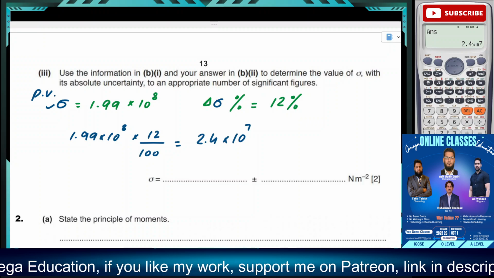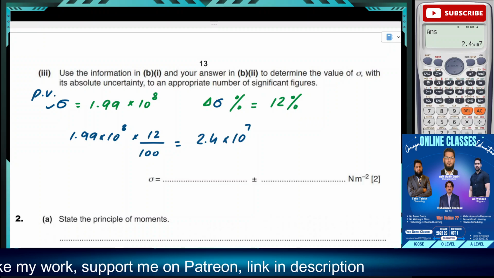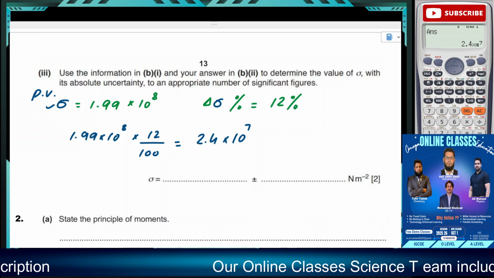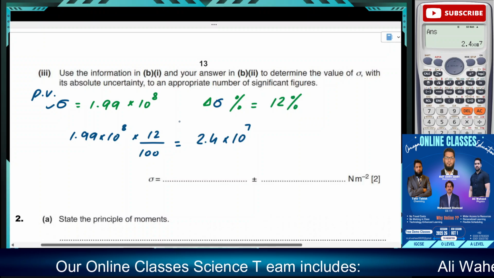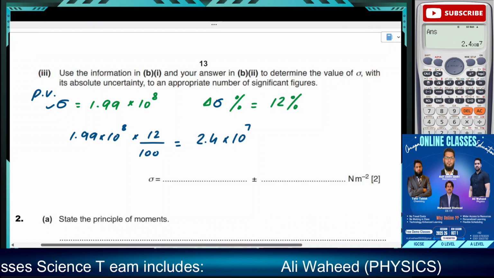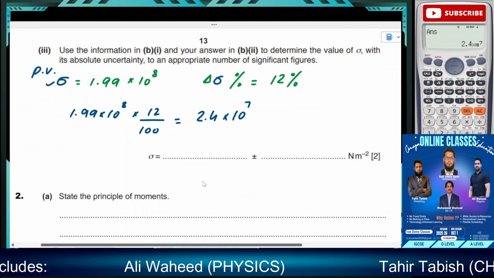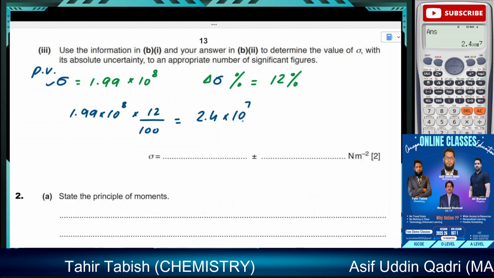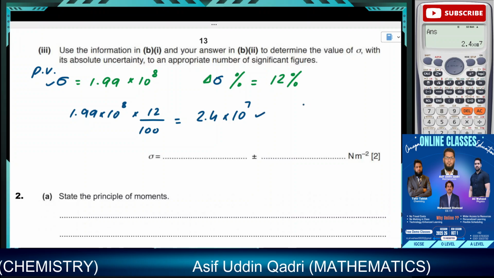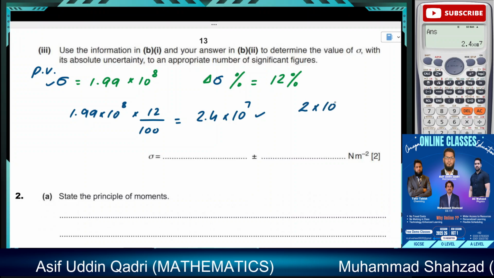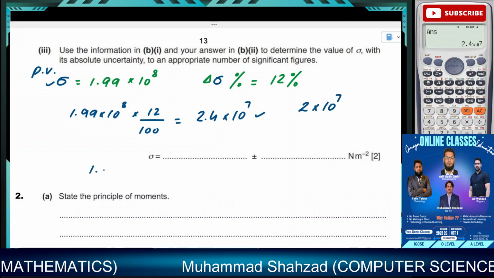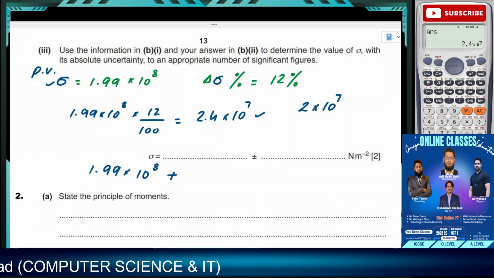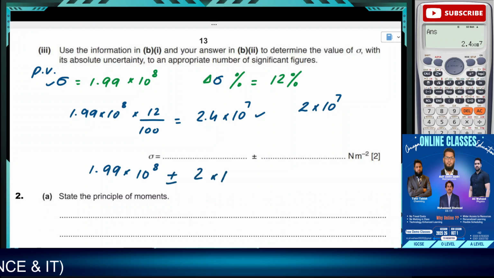But there's more to it, because we've got to write the answer to appropriate number of significant figures. There are two things you need to consider here. First of all, the absolute uncertainty has to be to 1 SF. So you've got to round off this one to 1 SF. In 1 SF, it would be 2 into 10 to the power 7. So what is our final answer? 1.99 into 10 to the power 8 plus minus 2 into 10 to the power 7.